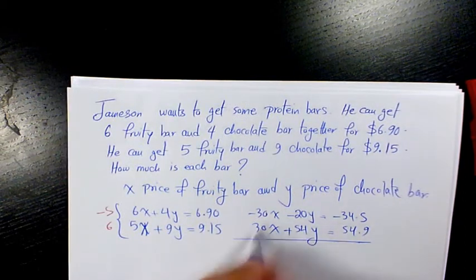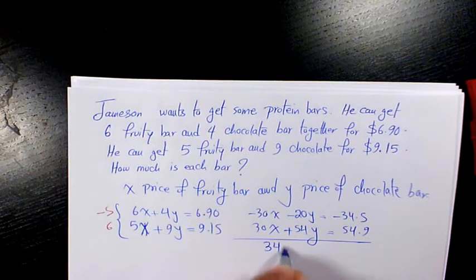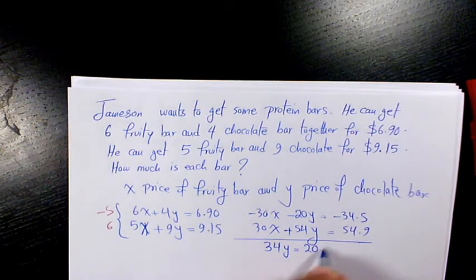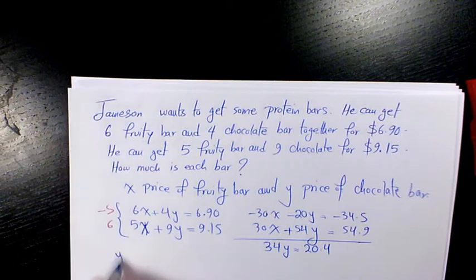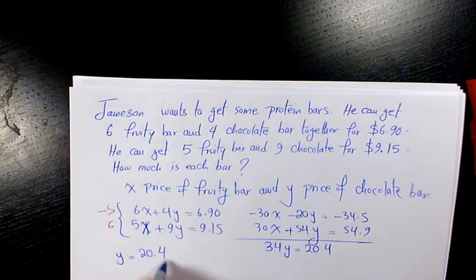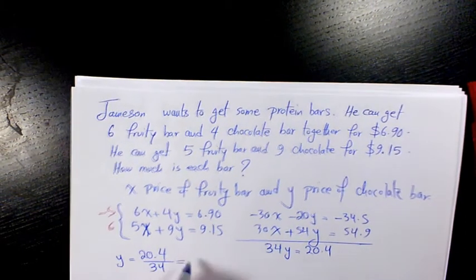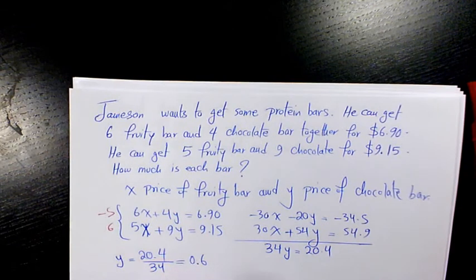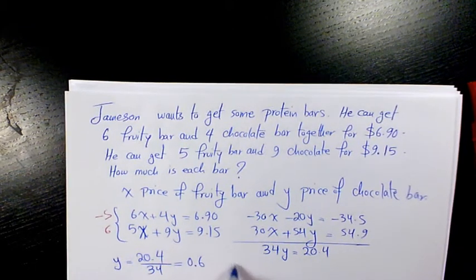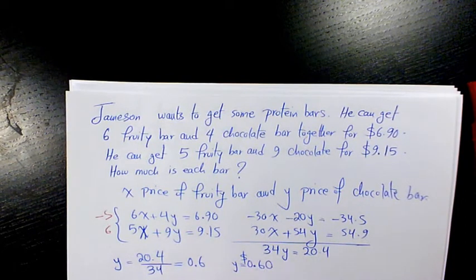When you add these, the x terms cancel out. 54y minus 20y is going to be 34y. 54.9 minus 34.5 is going to be 20.4. Divided by 34, y will be 20.4 divided by 34, which is 0.6. So y will be 0.6 or 60 cents, $0.60.